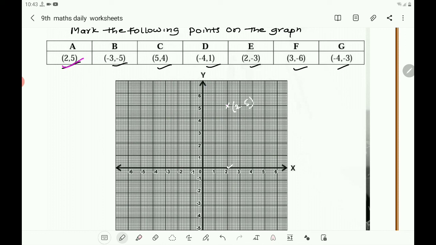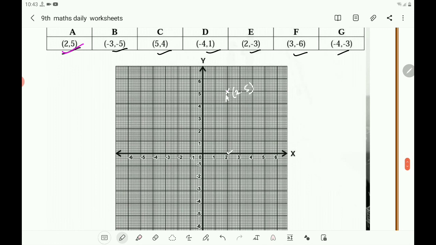It is point A. Similarly, (-3, -5) comes in the third quadrant. -3 is here, come straight down to -5. Here it comes. This is point B, (-3, -5). Like this, mark the points (5, 4) and (-4, 1). E is (2, -3) and F is (3, -4). G is (-4, -3).